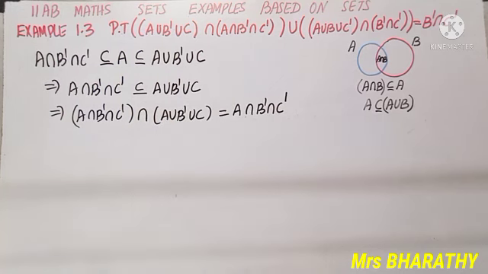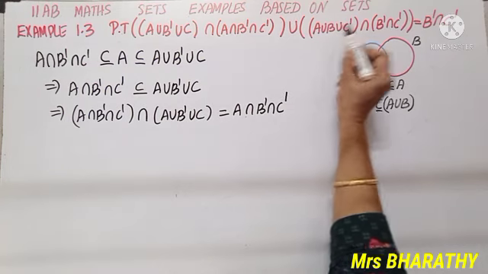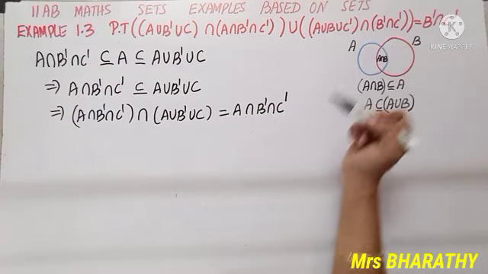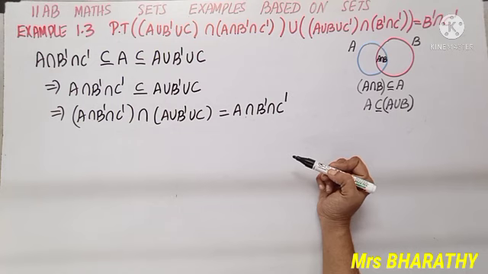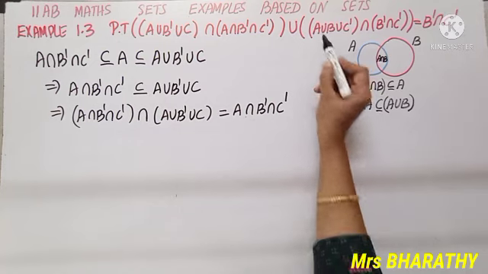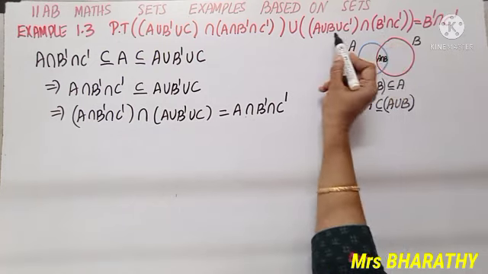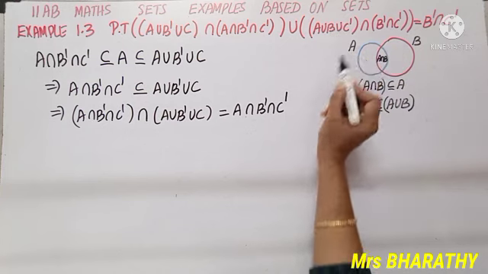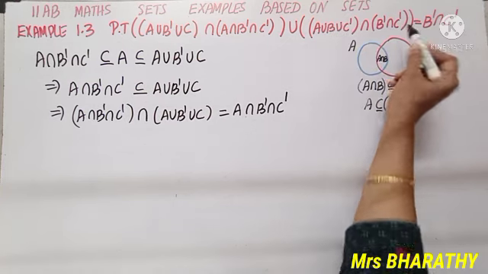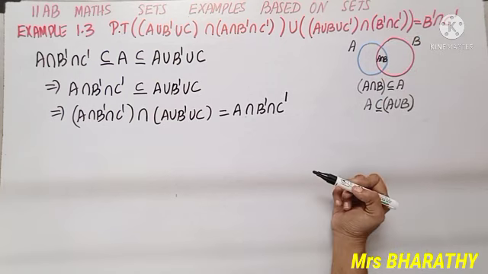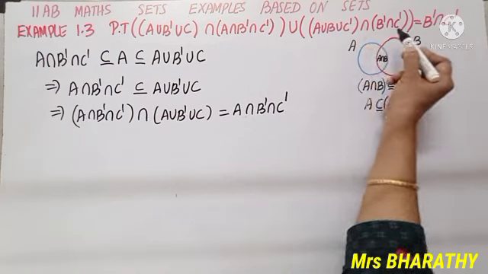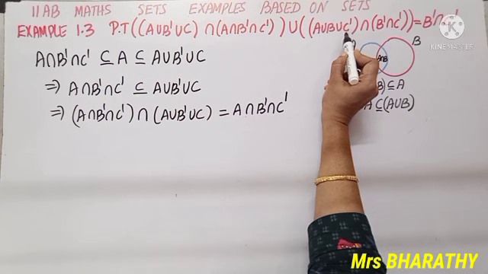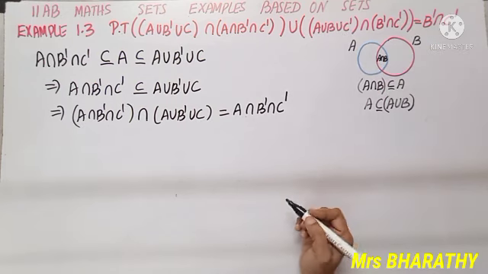In a similar argument, let us go on to the second one. Here, these two I want the intersection. Choose the common letter. A is not common, B dash is not common, but C dash is common. So when I choose these two, here C dash is coming, here also C dash is coming.